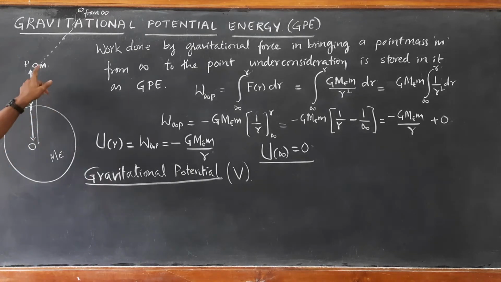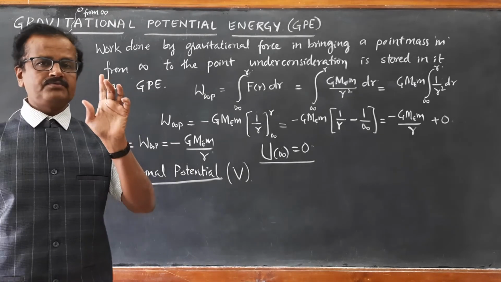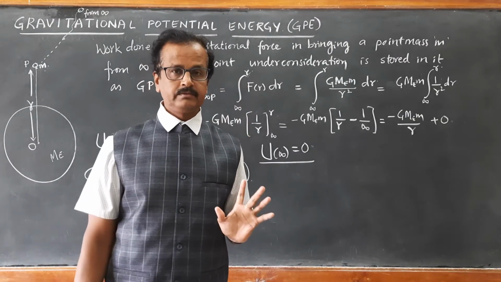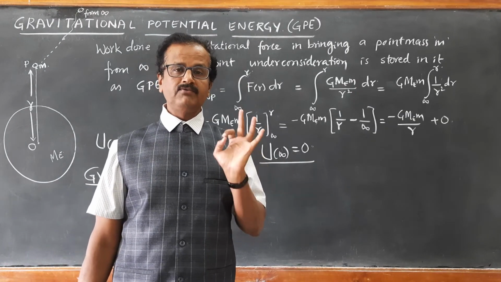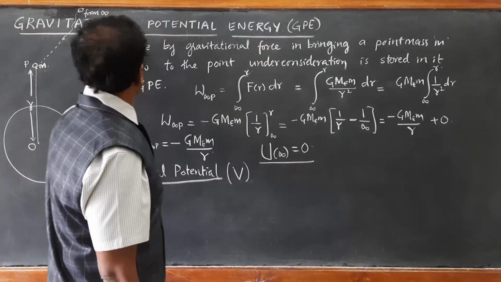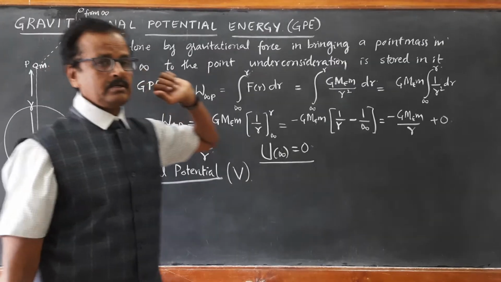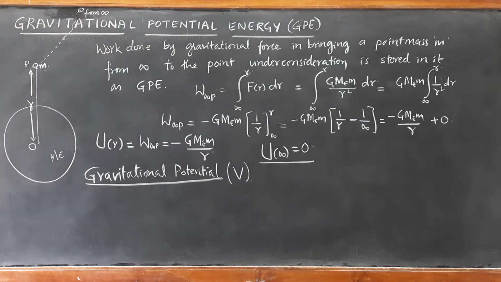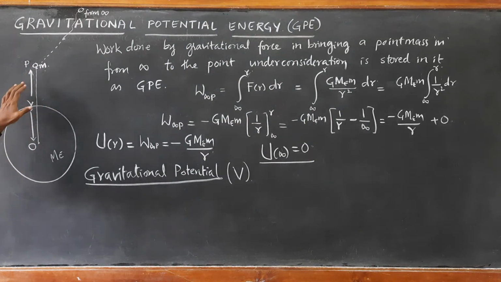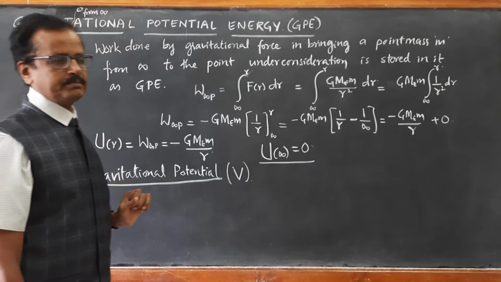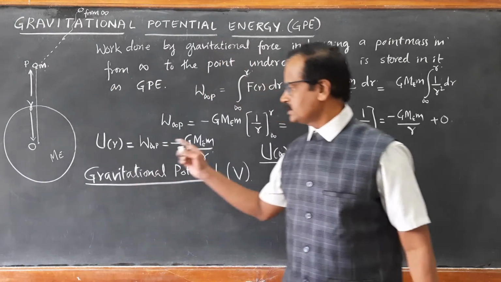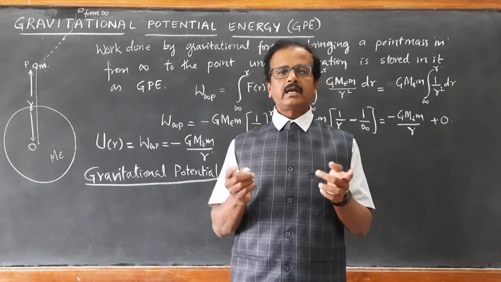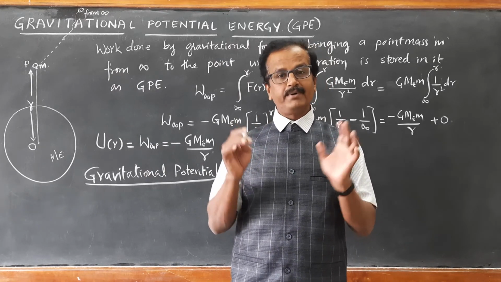If this point mass is of unit mass, suppose it is 1 kg, the amount of work done in bringing this unit mass from infinity to the point under consideration is called the gravitational potential at that point. This is very simple. Gravitational potential at any point is the gravitational potential energy per unit mass.